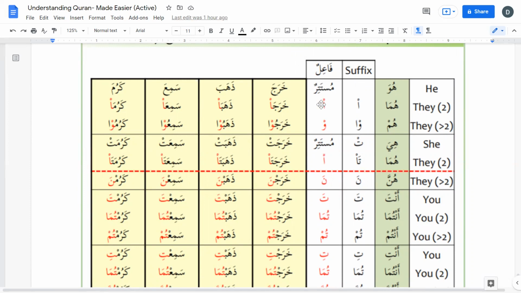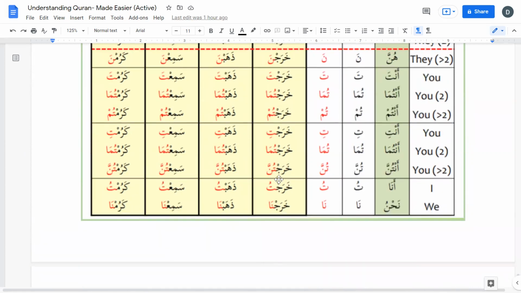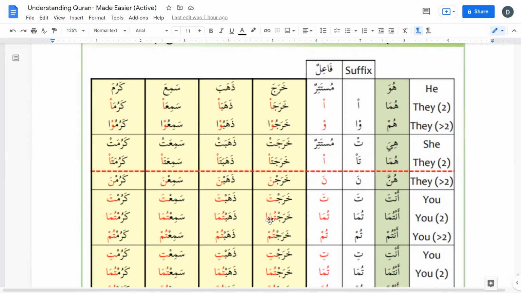So huwa kharaja, huma kharaja, hum kharaju, hiya kharajat, huma kharajata, hunna kharajna, anta kharajta, antuma kharajtuma, antum kharajtum, anti kharajti, antuma kharajtuma, antunna kharajtunna, ana kharajtu, nahnu kharajna. So that's the fe'l madi conjugation for kharaja.